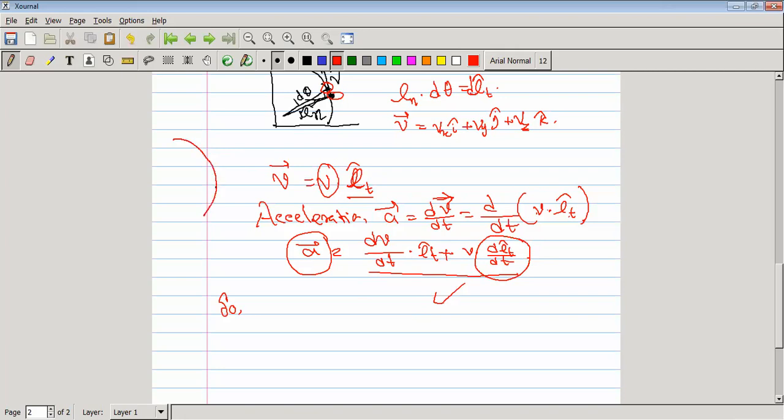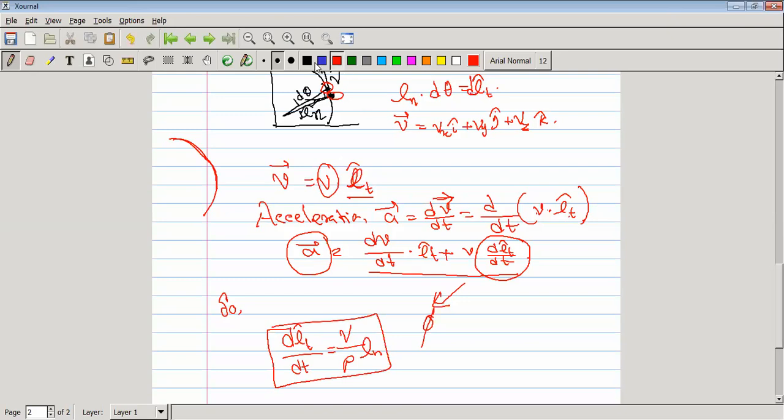In a curve, that et unit vector is continuously changing its direction, so it is not zero. If it is not zero, then we can easily write that det unit vector by dt is v by rho en. This is actually a formula.